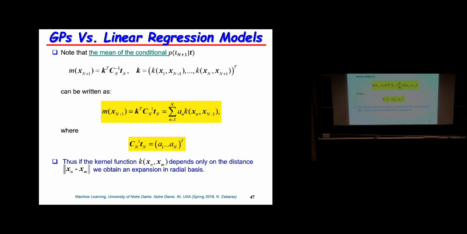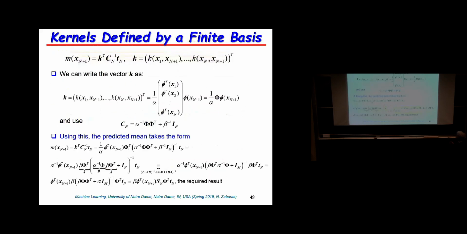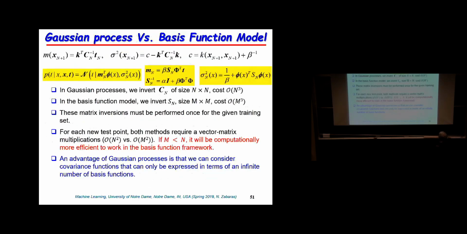So there is an equivalence there, but when you start directly with a kernel, in principle you have infinite basis functions, so you don't need a representation in terms of phi of x the way we did earlier in the course. So I'm going to bypass this.